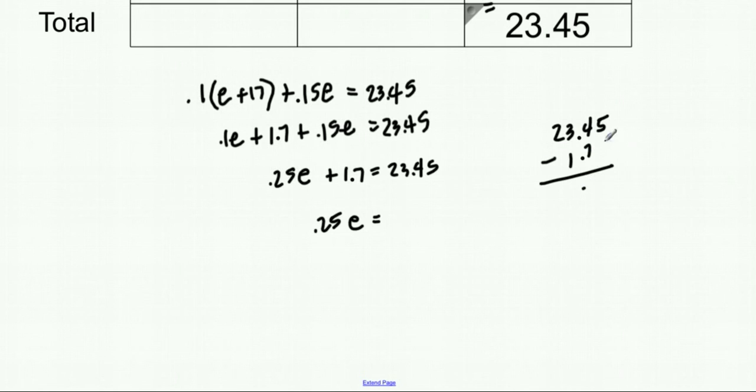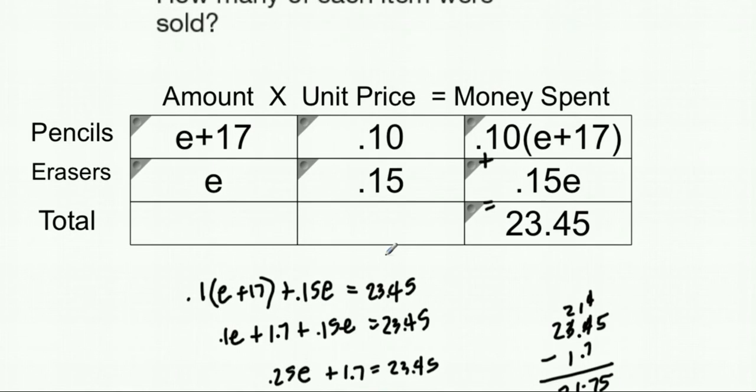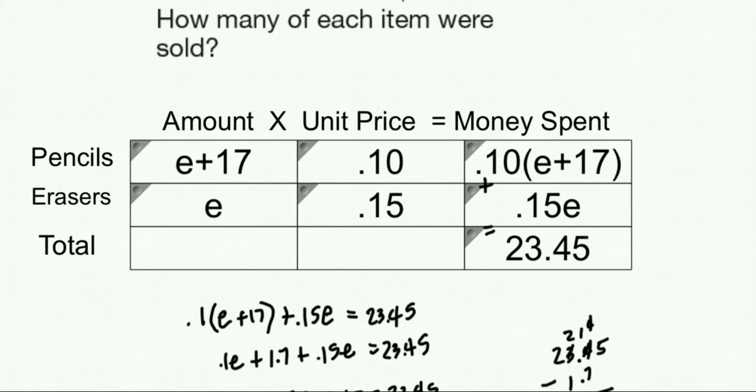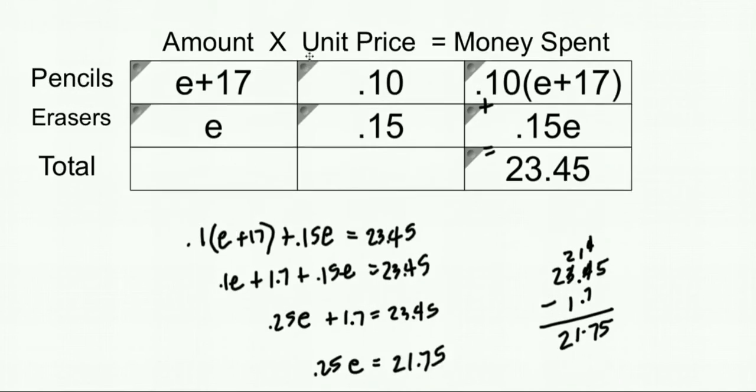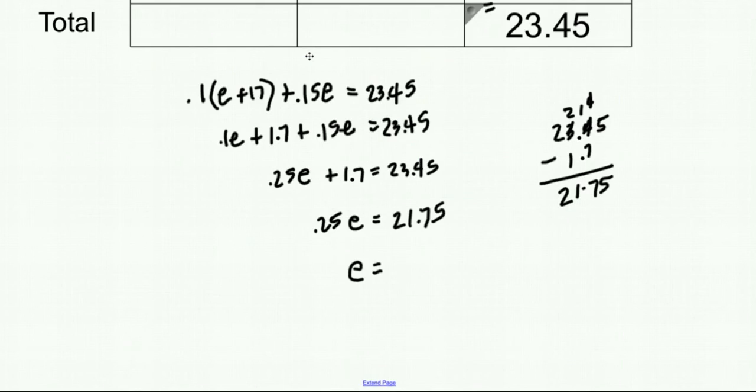Bring that decimal point down. That's a 5, that's a 7, this is a 14, and this becomes a 2, so that's a 1. 21.75. And then we divide both sides by 0.25. E will be equal to, let me make it easy for you and for myself as well, E will be equal to 87.